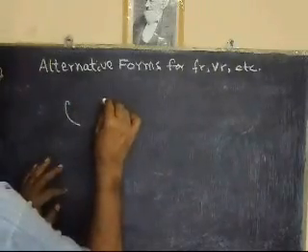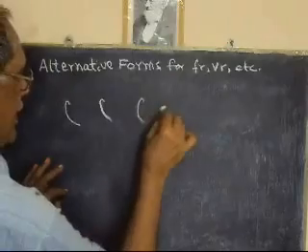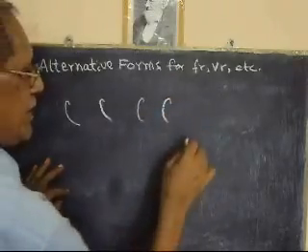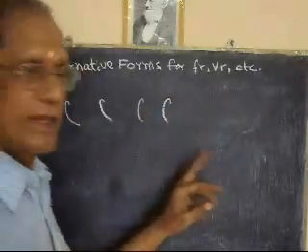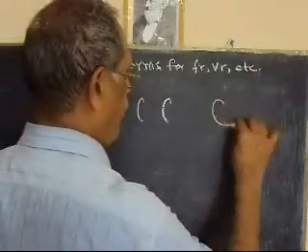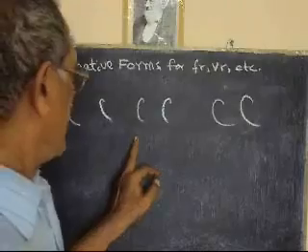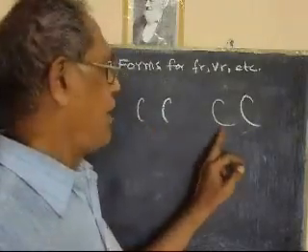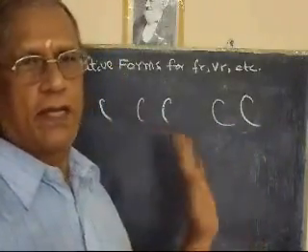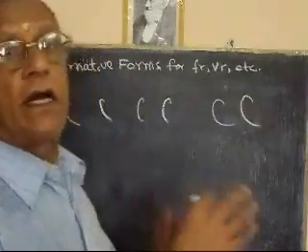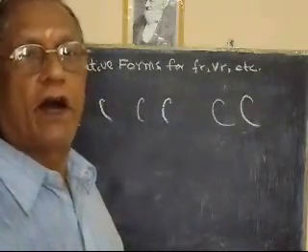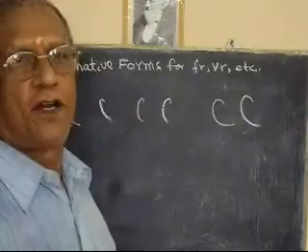we have far, var, thar, dar. Okay, far, var, thar, dar. Fal, val. These curves are provided with alternative forms. How?